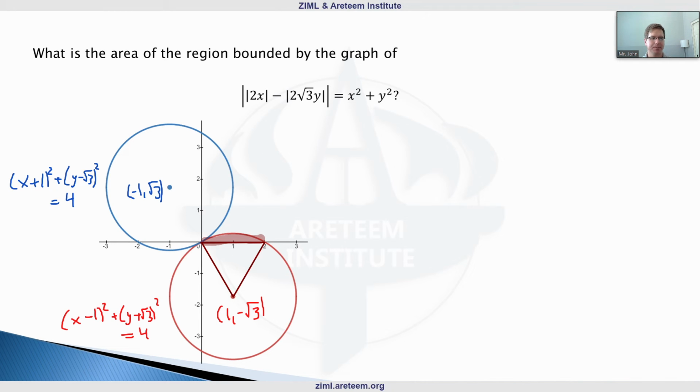Now, here's the nice thing that we want to notice. What is this point of intersection here? This is the point (2, 0). Meaning, what kind of triangle do we have? We have an equilateral triangle. So we have a 2, 2, 2. All of these distances are 2 in this case.